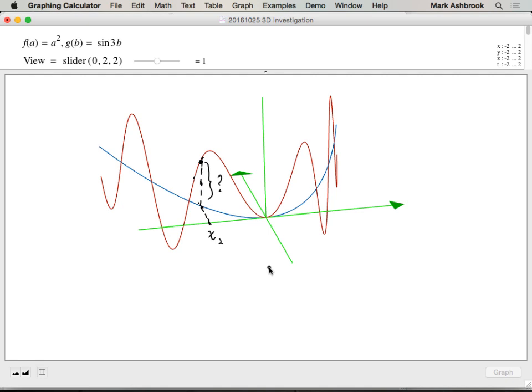Go. 1, 2, 3, 4. So I have 5, but there could be more than 5 too. There could be more. All right, just give me one.